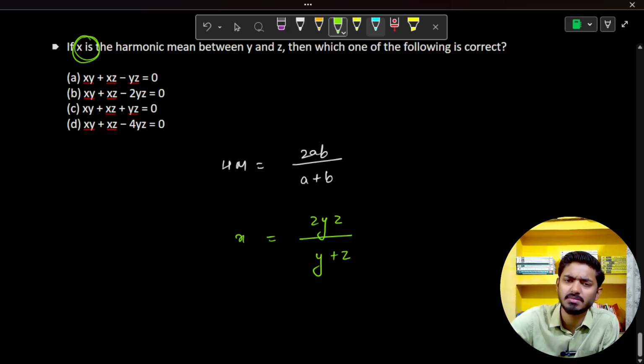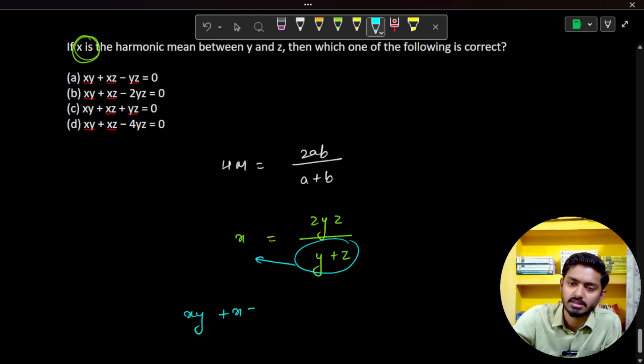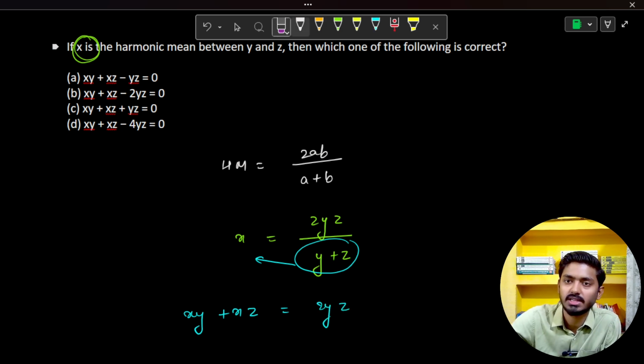Very simple. I'll move this to the LHS: XY plus XZ equals 2YZ. Or if I had moved this to the LHS, we would have gotten XY plus XZ minus 2YZ equals 0, which is option B.